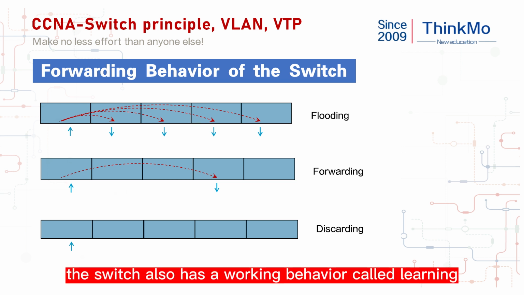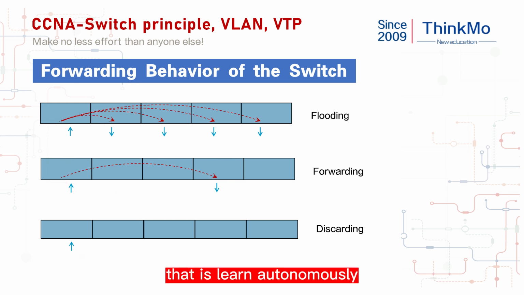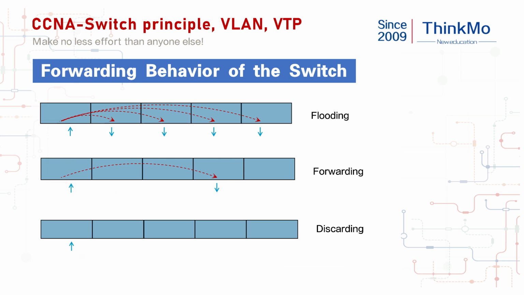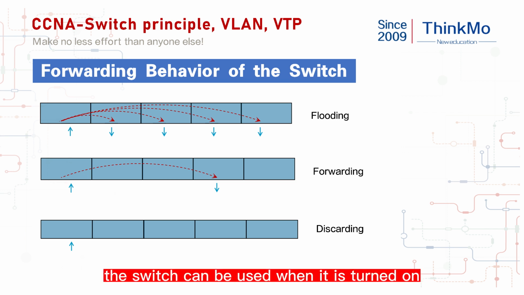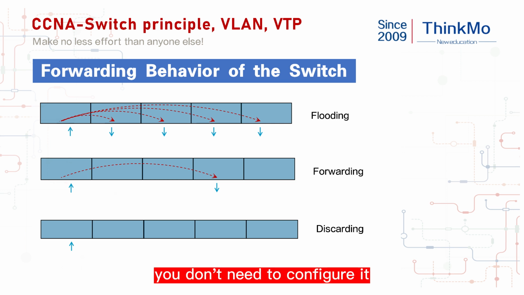The switch also has a working behavior called learning, that is, it learns autonomously. The switch can learn automatically; you don't have to configure it. So some people will say that the switch can be used as soon as it is turned on without configuration. That's why it works by itself.